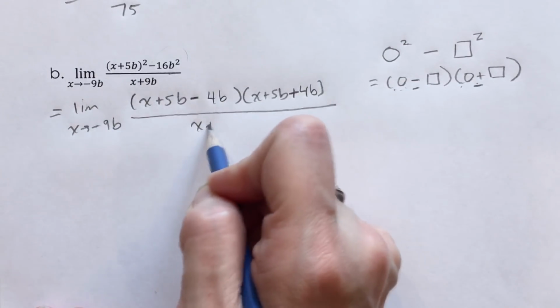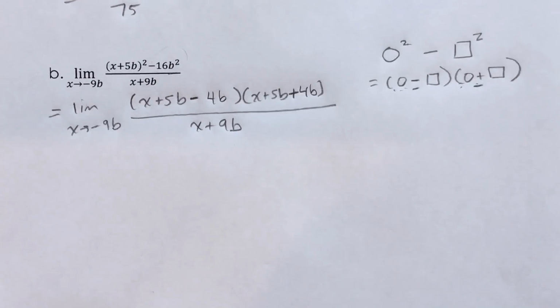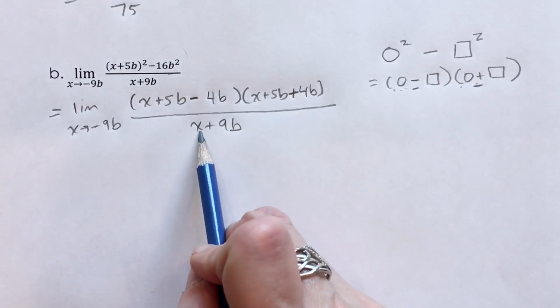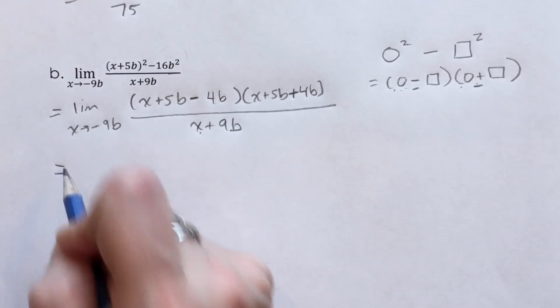Over x plus 9b. The other different thing, we've got x approaching negative 9b instead of just a plain number, but you can see if you put negative 9b in for x, the bottom would be 0, so you can't just substitute.